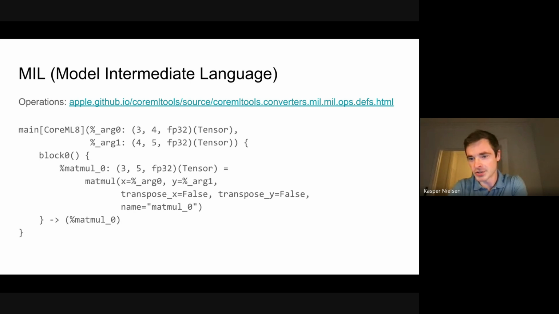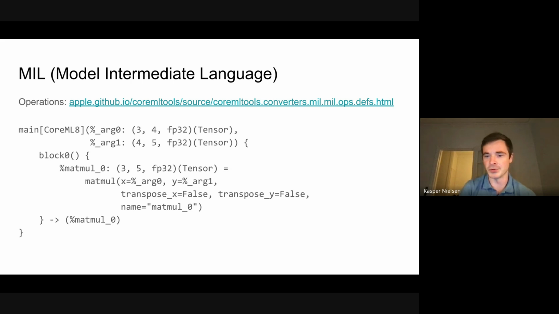So if you go to the next slide again, let's briefly talk about what this model intermediate language even is. It's a language defined by Apple. Fortunately, they have documented it all and put it online. It bears a bit of resemblance to StableHLO, I guess. You have a list of operations, and then you can have functions. The main function is where you usually enter the program.